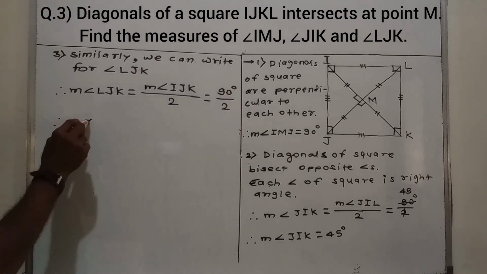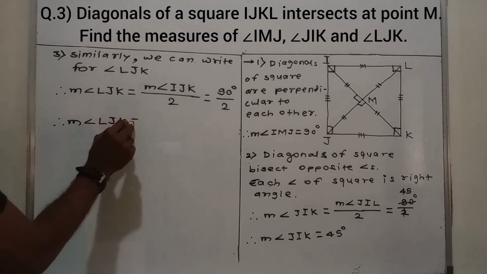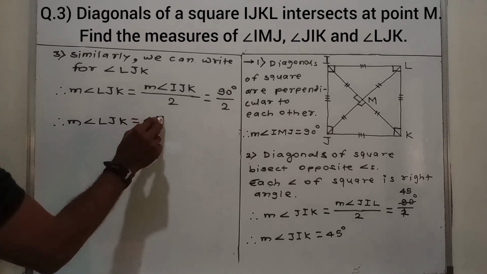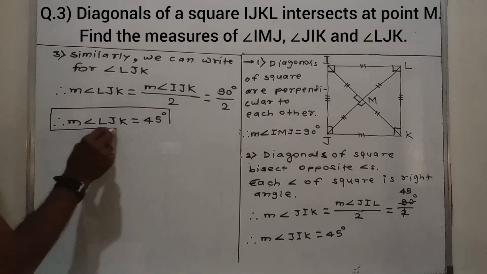Therefore, measure of angle LJK is equal to 45 degrees. Did you get it?